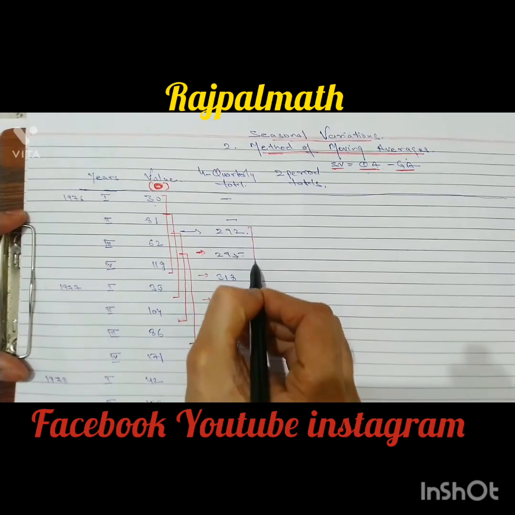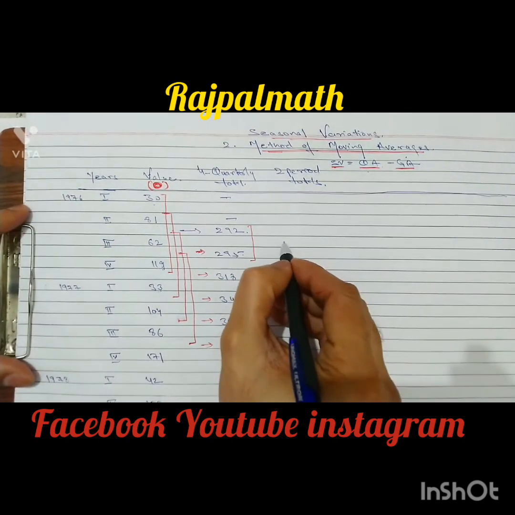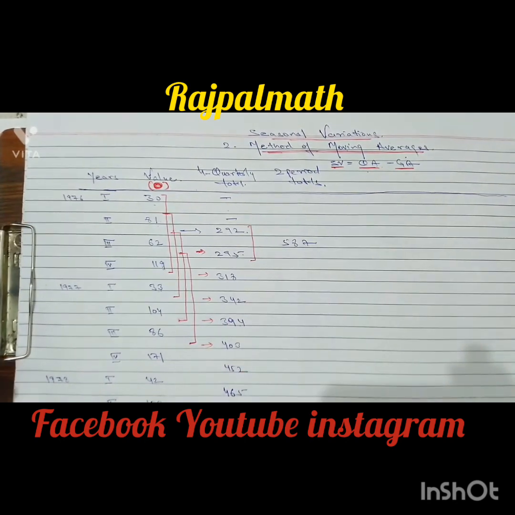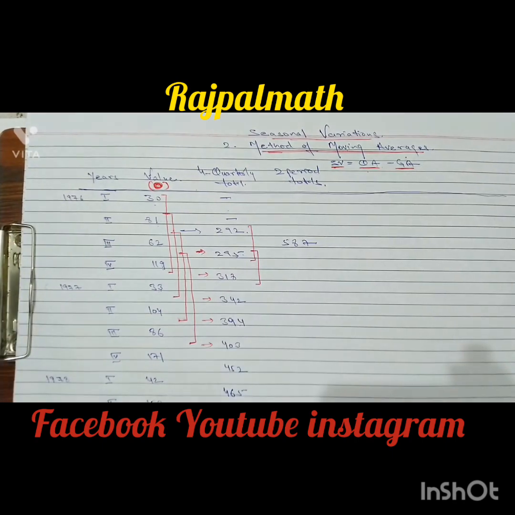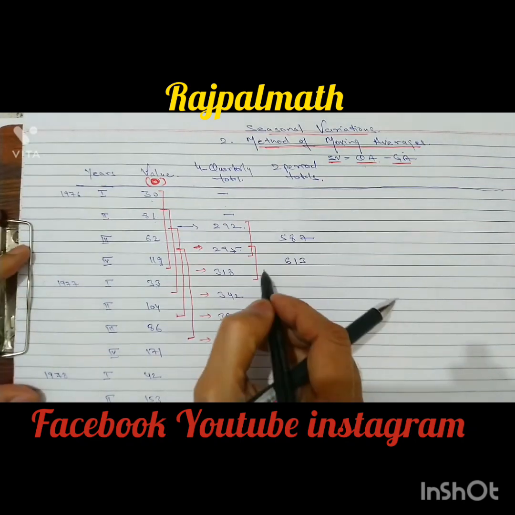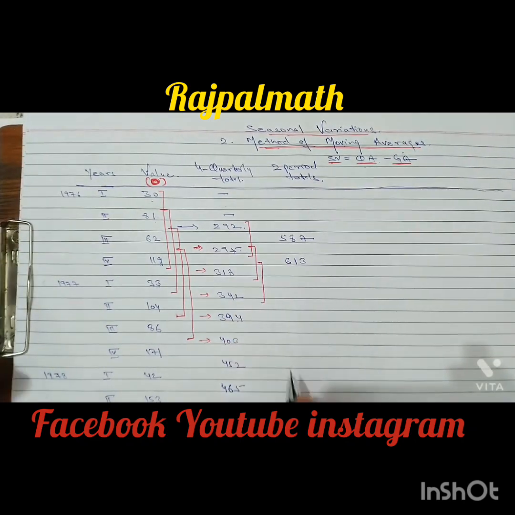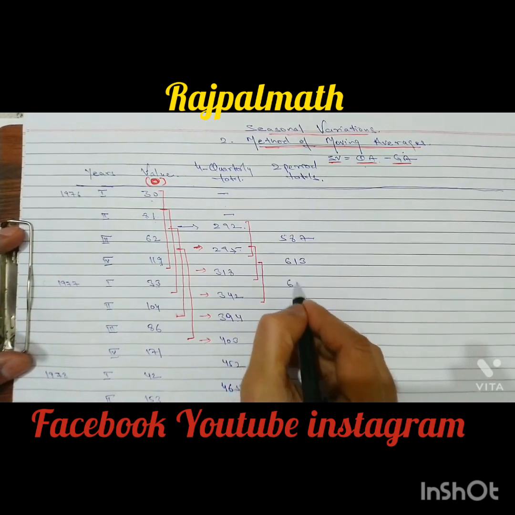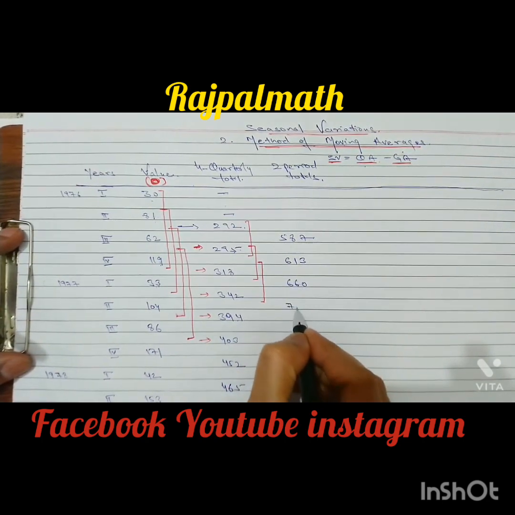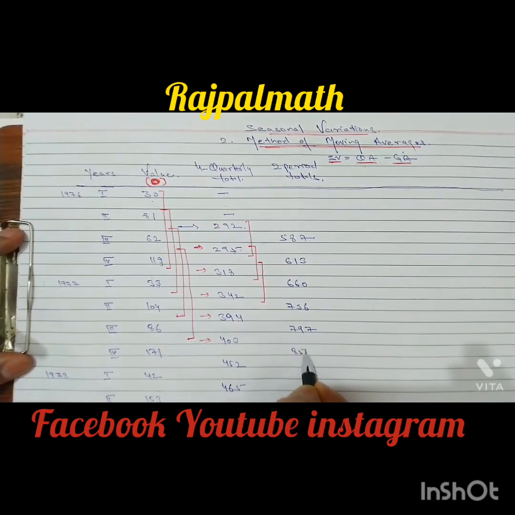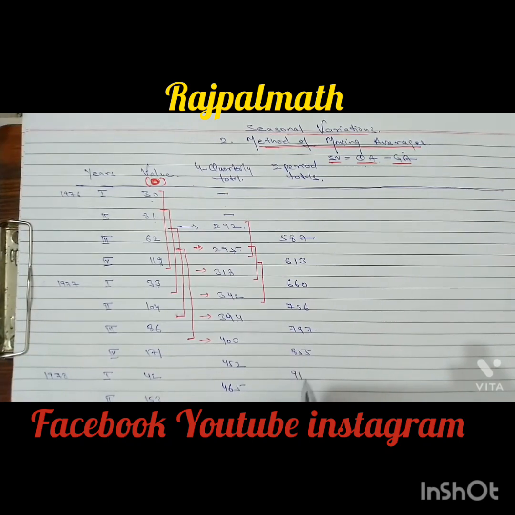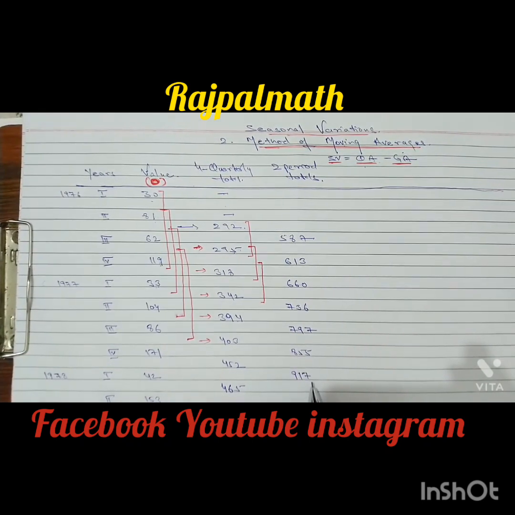Total of these two values is 587, then skip 1, total of next 2 is 613, skip 1, total of next 2 is 660, then 736, then 797, 855, 917, and total of next is 980.